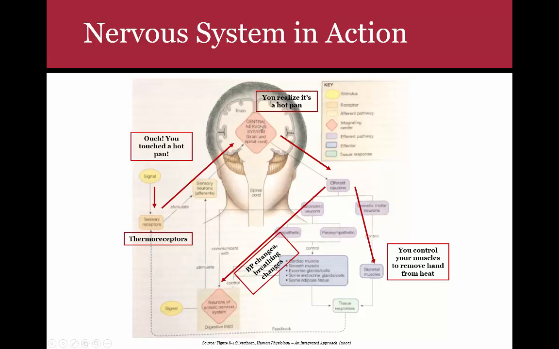So once you realize that you're burning your hand, you control your muscles to remove the hand, which is the primary responsibility of the spinal cord. But then also the brain changes things that you're not really aware of, like your blood pressure. Maybe you increase your blood pressure, your breathing changes, the rate at which you're breathing will also be affected. So all of that is processed by the brain, and there are things that you can control and things that you can't that just happen.